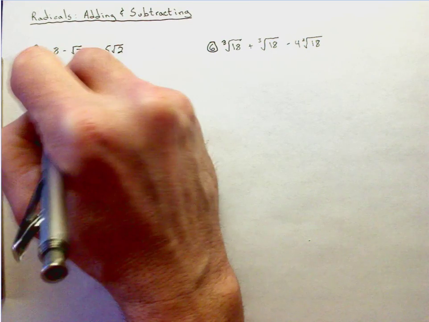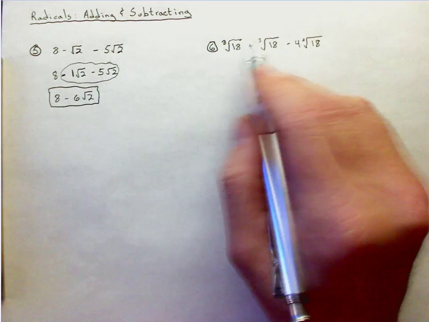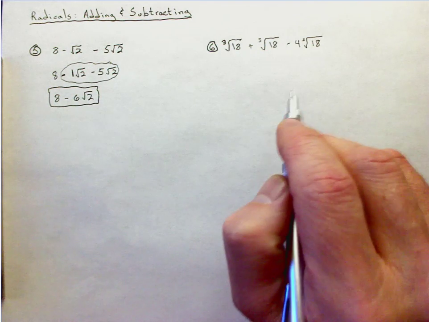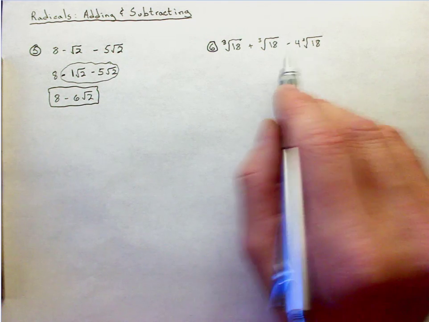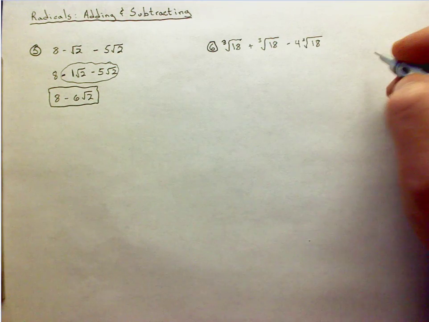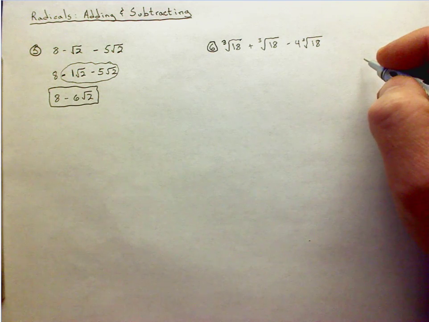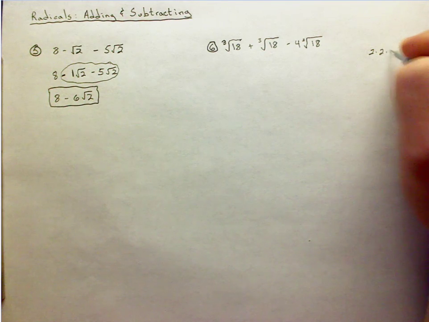And for this one, root indices, they're the same, they're all cubes. So what can I turn around and be able to pull out from the cube root of 18? Can I simplify 18 into a number that I can multiply 3 times? So let's just say 2 times 2 times 2, well that's 8.